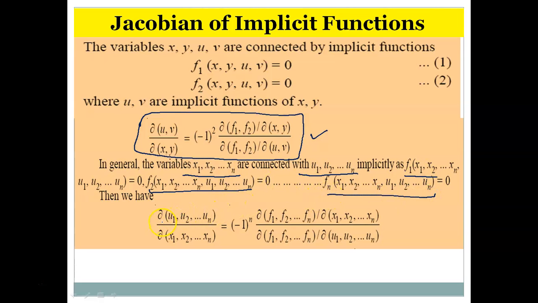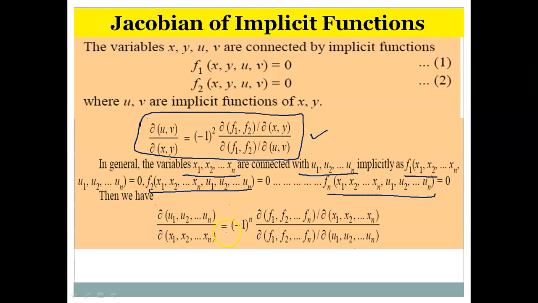In that situation, the Jacobian in general is given by this equation: del(u1, u2, ..., un) divided by del(x1, x2, ..., xn) gives you the value minus 1 raised to power n.